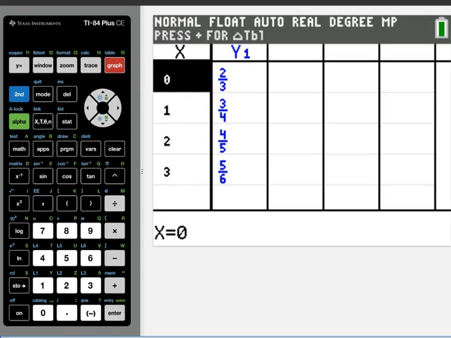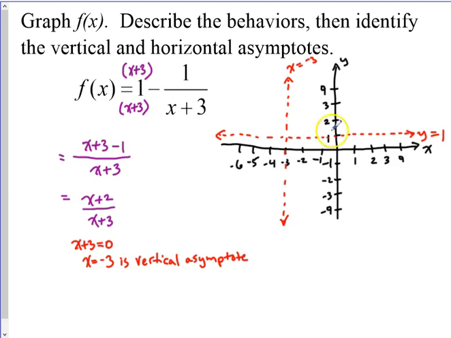So we can plot that point as well. All right, so we got a y-intercept there, x-intercept there. Draw that curve out, and then we have this portion of the curve as well.